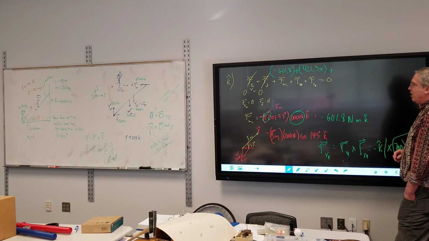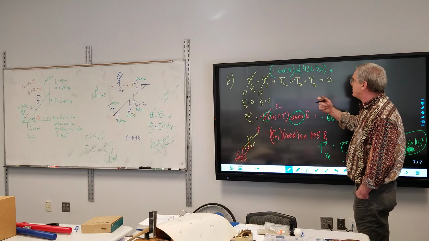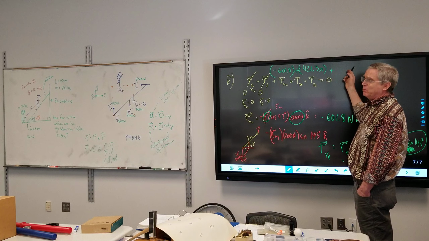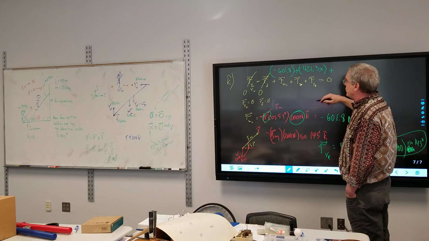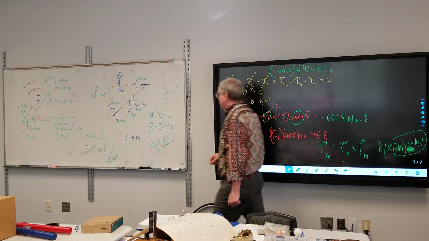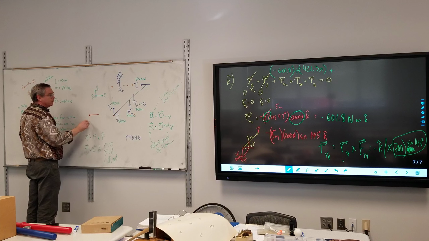And then we are now left with the last one. It's going to try to rotate it in the other direction, which makes sense. If that's negative and that's negative, we better have a positive if we're going to add it up to 0. And so we have our force that is to the left. That's our 540 newtons.